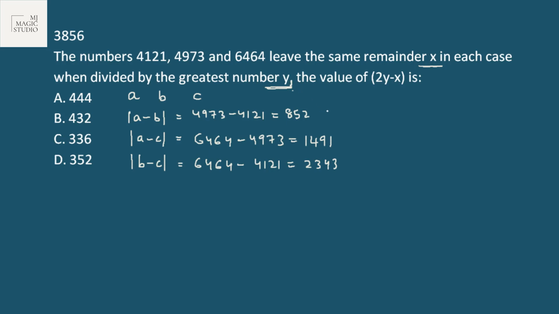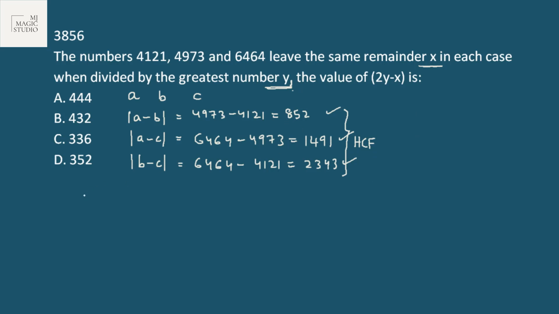The greatest number y, which is going to divide these three numbers, leaving the same remainder x, is nothing but the HCF of these numbers. We need to find the HCF of these numbers. We know how to find HCF. Either you can factorize and then identify the common factor, or we can use the traditional method.